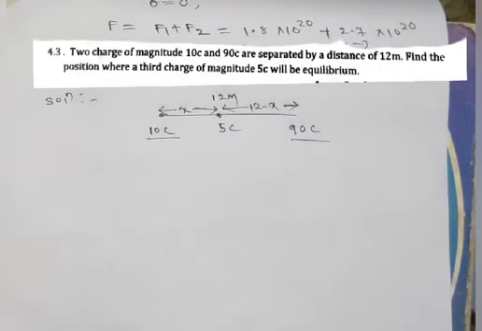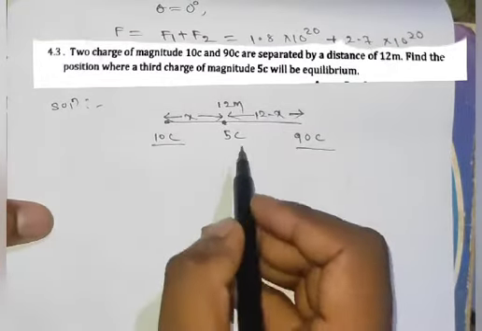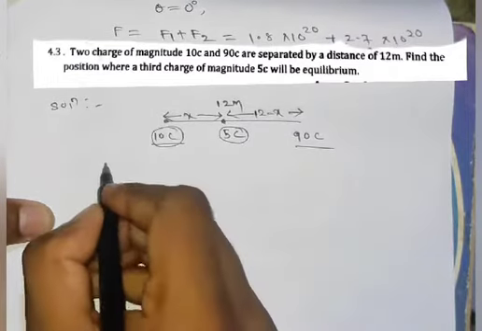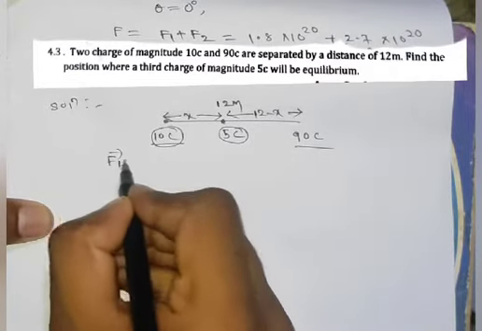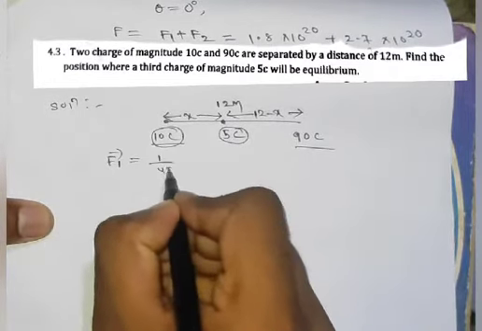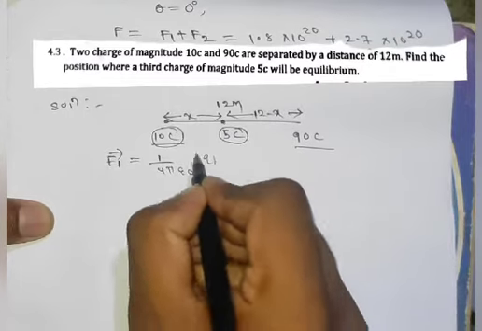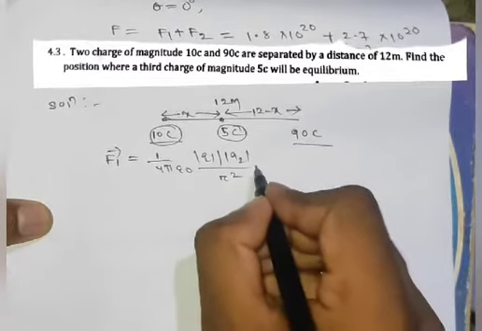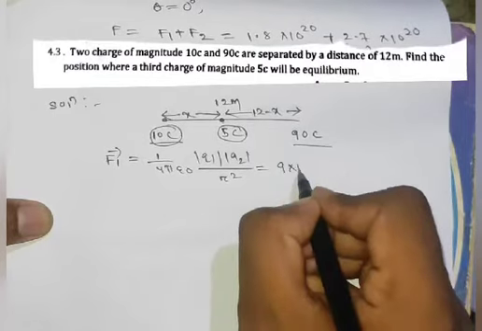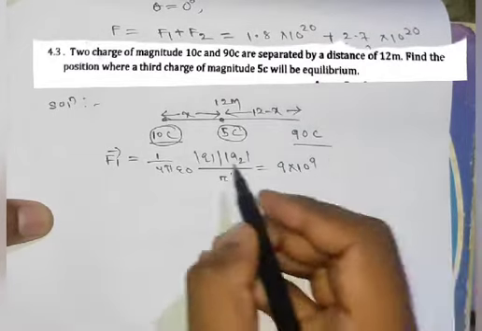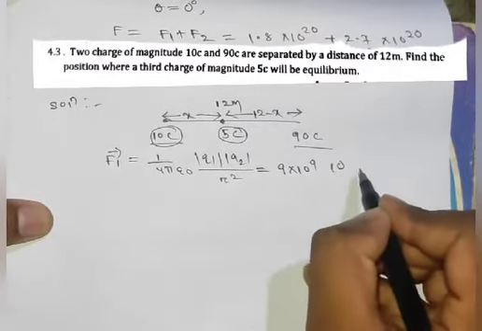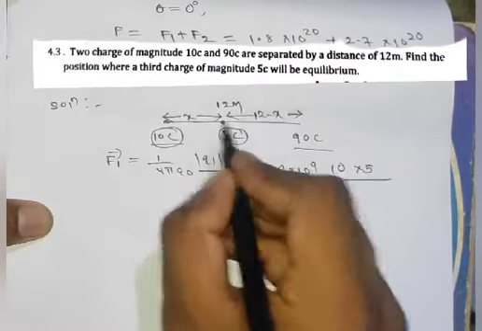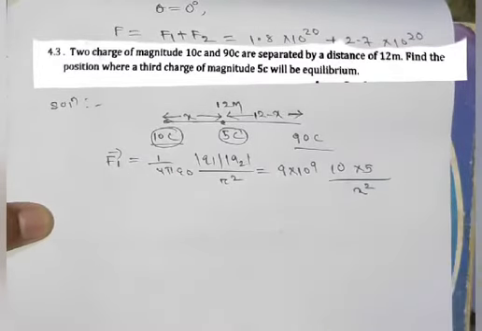So now I shall calculate the force on the 5 coulomb charge due to the 10 coulomb charge. What will the force be? It's simply 1 by 4 pi epsilon, modulus q1, modulus q2, by r square, and we know the value of 1 by 4 pi epsilon is 9 into 10 to the power 9. q1 is 10 and q2 is 5, and r is x, so it is simply x square.